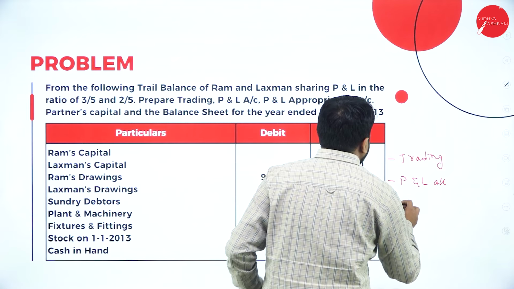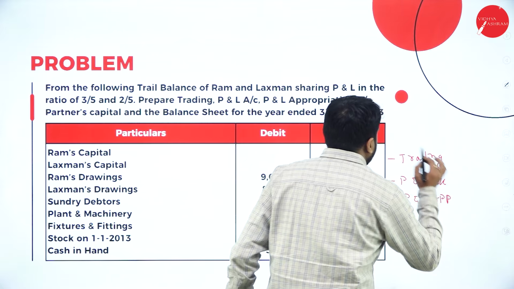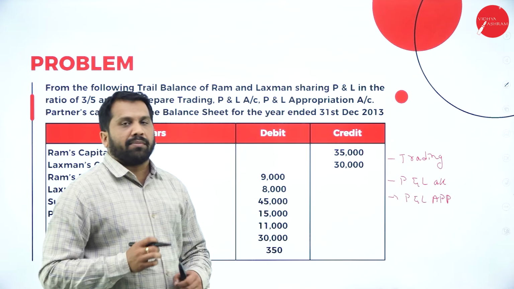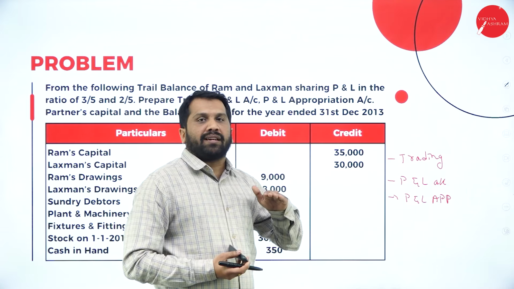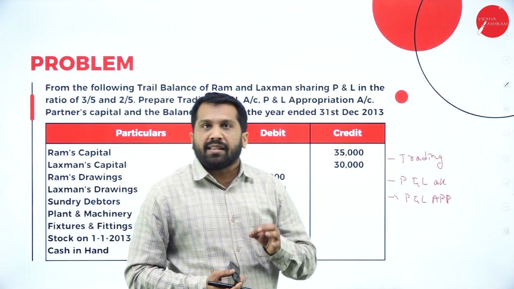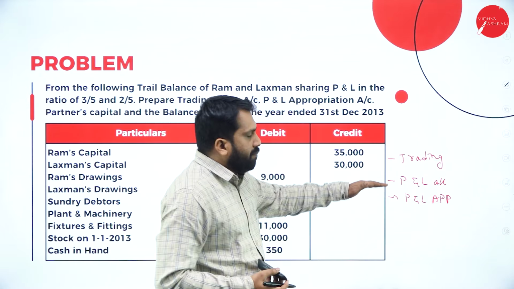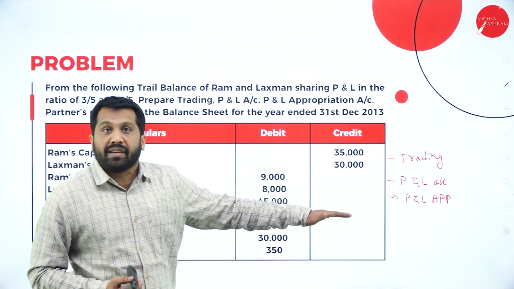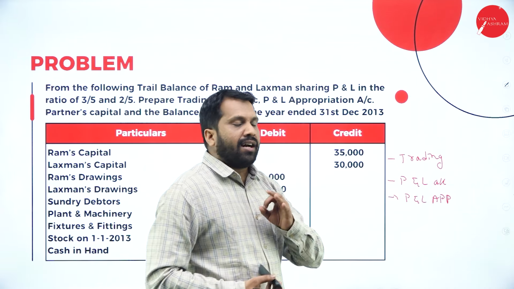The third one we call the profit and loss appropriation account. Always remember, while doing partnership, the extension of P&L is called P&L appropriation. Again I'll repeat, the extension of P&L we call the P&L appropriation account.